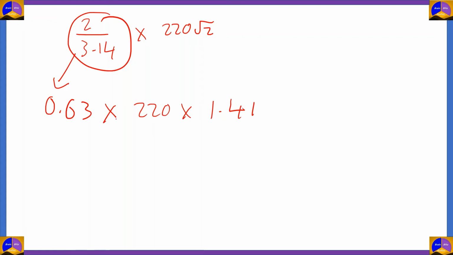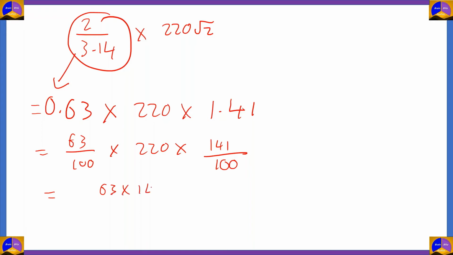Now what we do is we convert this to whole values. So 0.63 is 63 by 100 times 220 times 141 divided by 100. This is the value for average EMF. So now we have 63 times 141 times 220 divided by 10,000. So what do we do next?